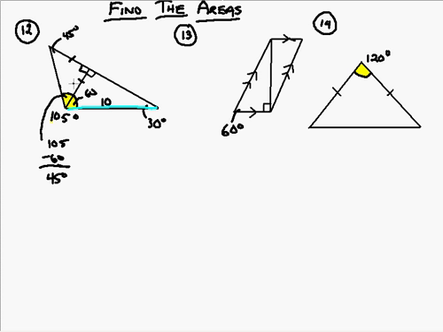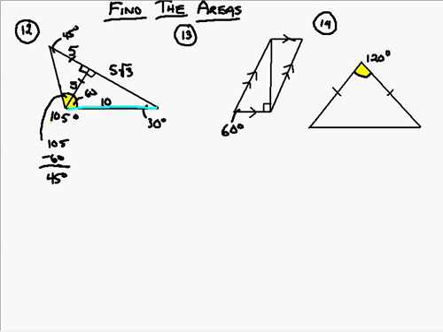This is the short leg, so this is 5. Well, if this length is 5, that means this length is 5. This is the long leg of the 30-60-90, so this is going to be 5 times the square root of 3.